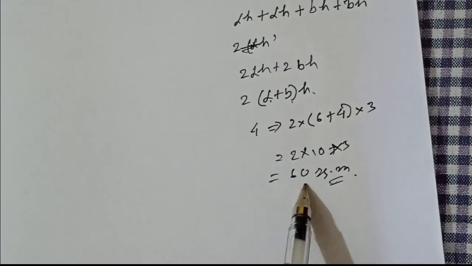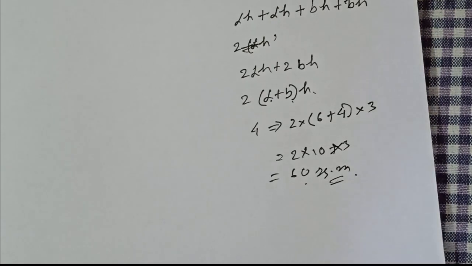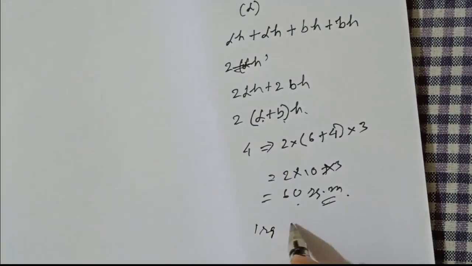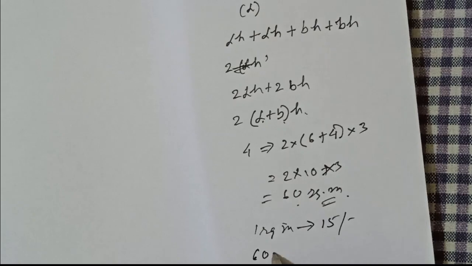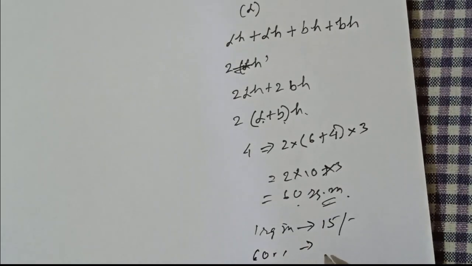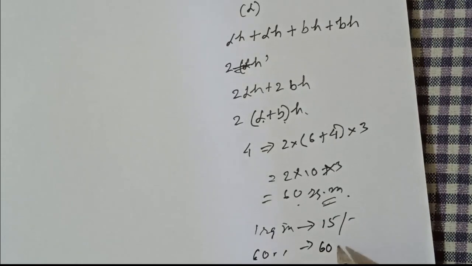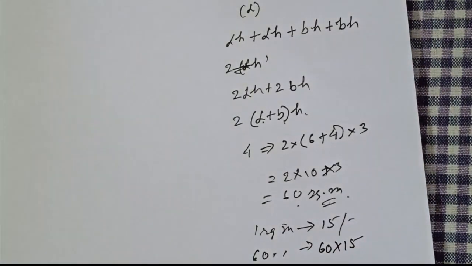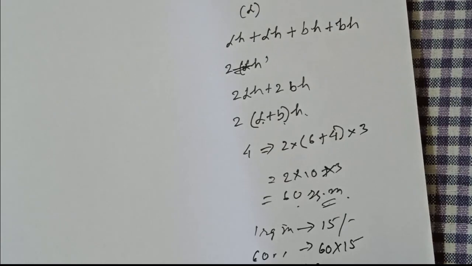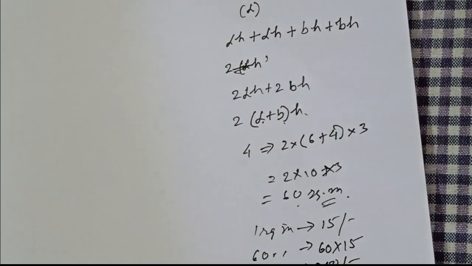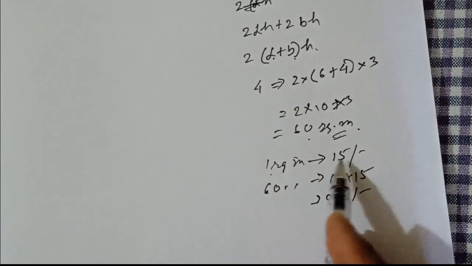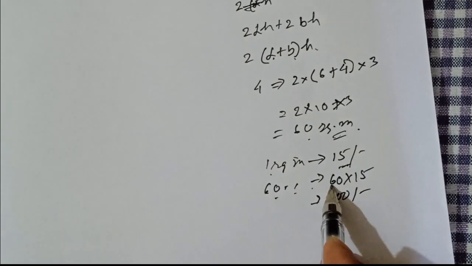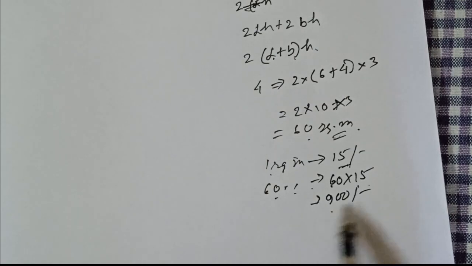If 1 square meter costs rupees 15, then 60 square meter will cost 60 into 15, that is 900 rupees.